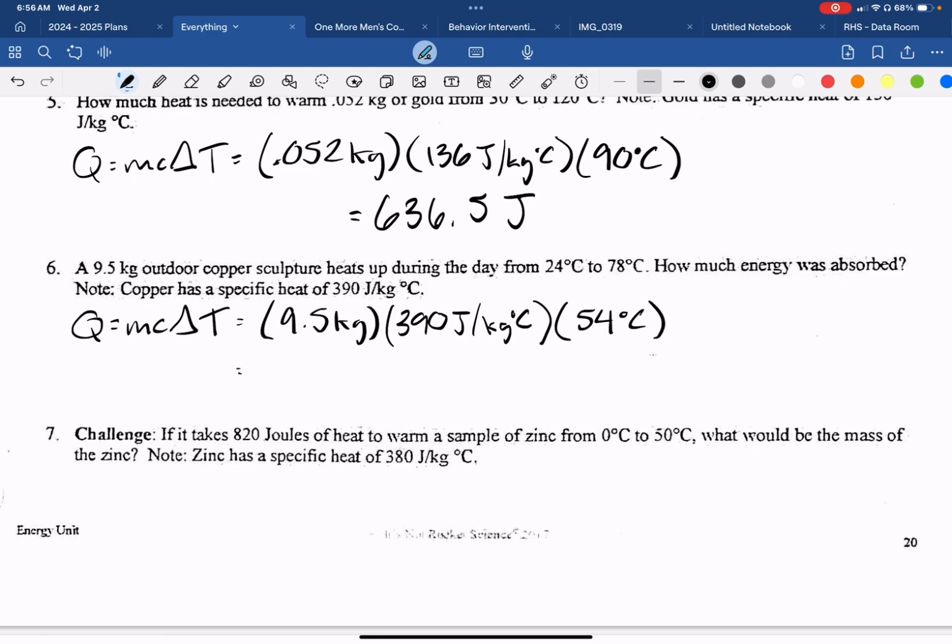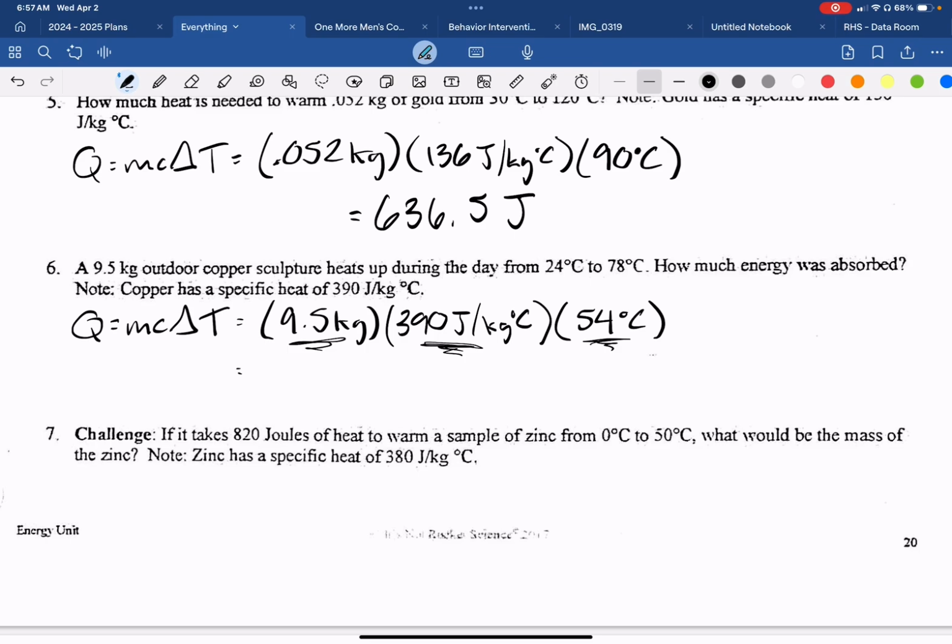Based on that, let's compare that to number 5. We got a much higher mass. The specific heat is higher. If the specific heat is higher, that means the temperature is going to change more easily. We're also applying less temperature.